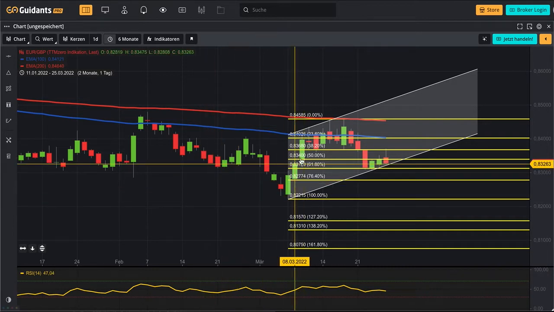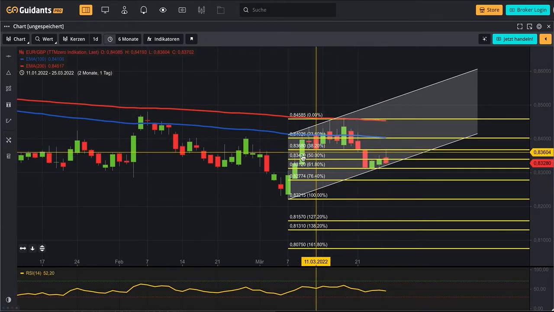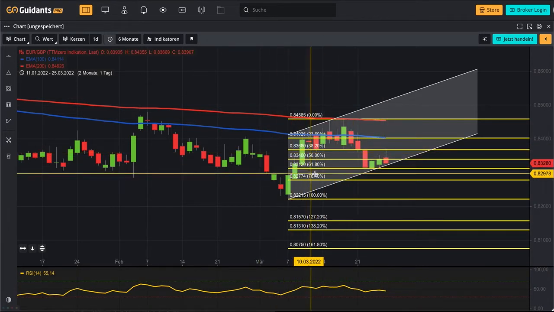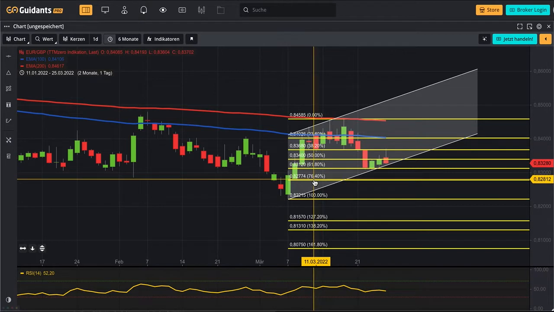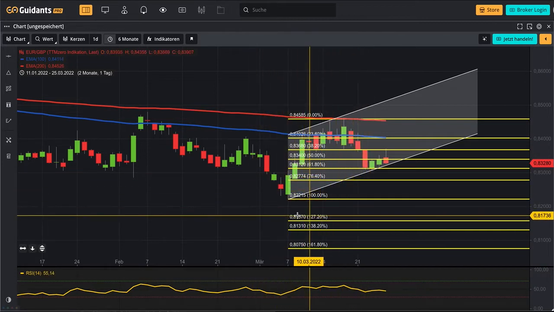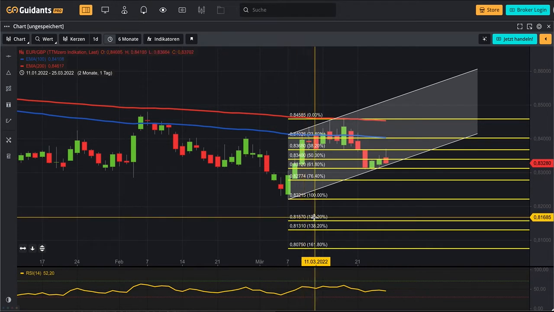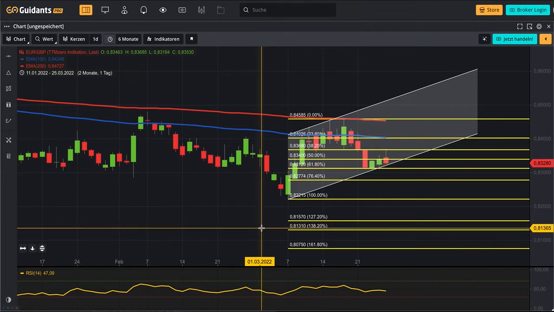Testing the 38.2 level here, as you can see in that little needle, and we'll check out the level of the 61.8, which is at 0.8312, and going down to the 76.4 Fibonacci retracement at the level at 0.8277.4. So a possible target to the downside could be something like these two levels down here. You see the projection levels from 0.8157, 0.8131.